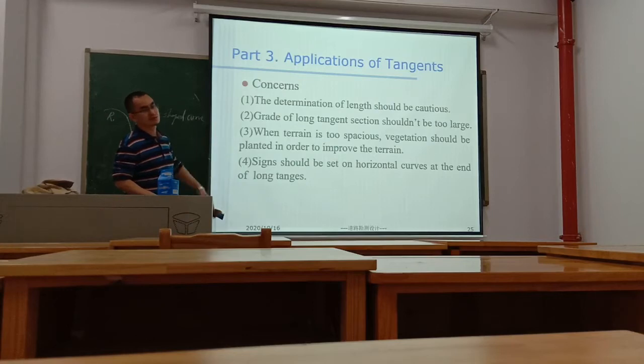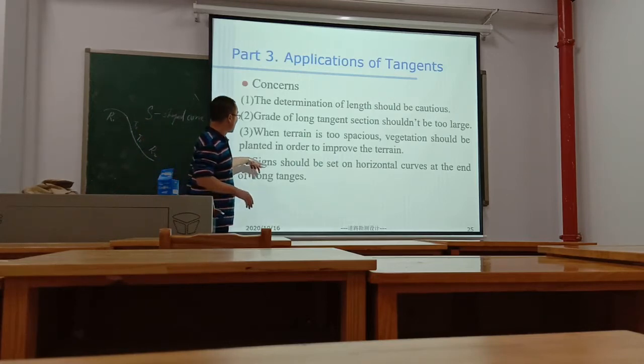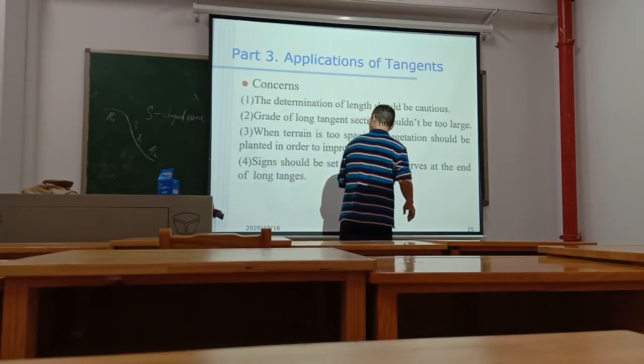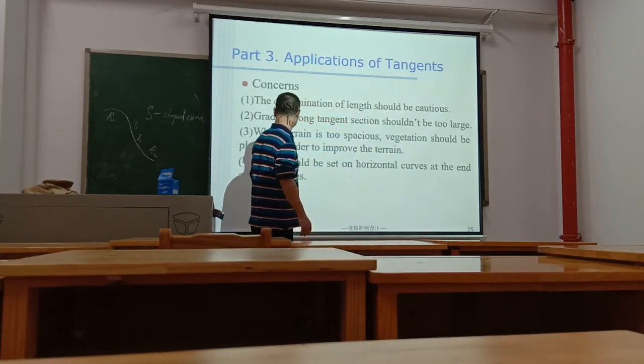What's vegetation? Grass, trees, and so on. Nature. 4. Signs should be set on horizontal curves at the end of a long tangent.